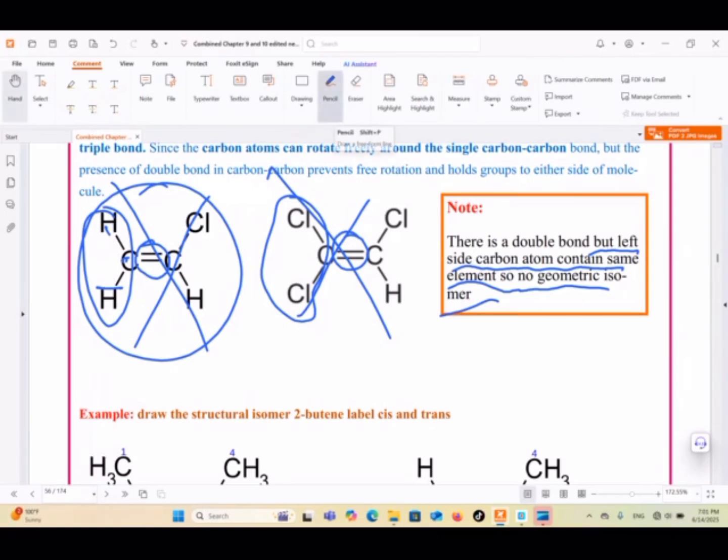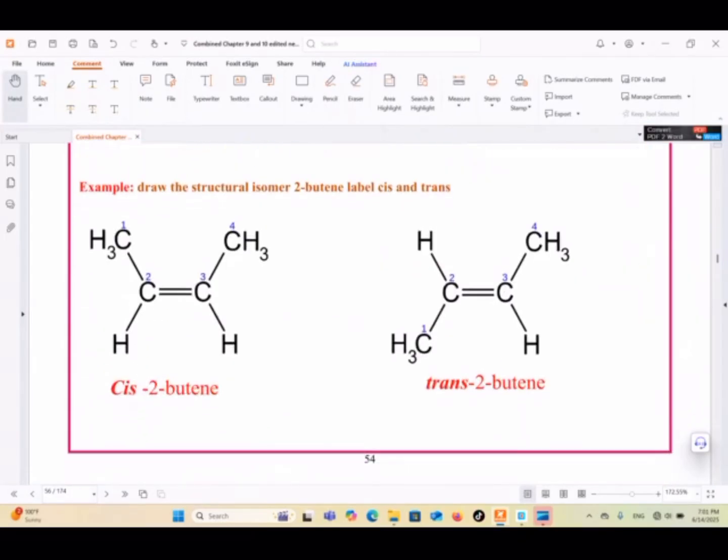Guys, let us practice more questions in order to be prepared for the ministry exam on geometric isomer. It says, draw the structure of isomer 2-butene, label with cis and trans.